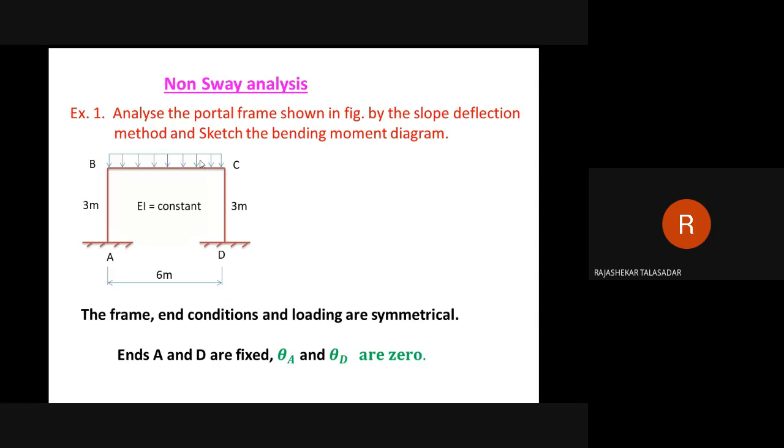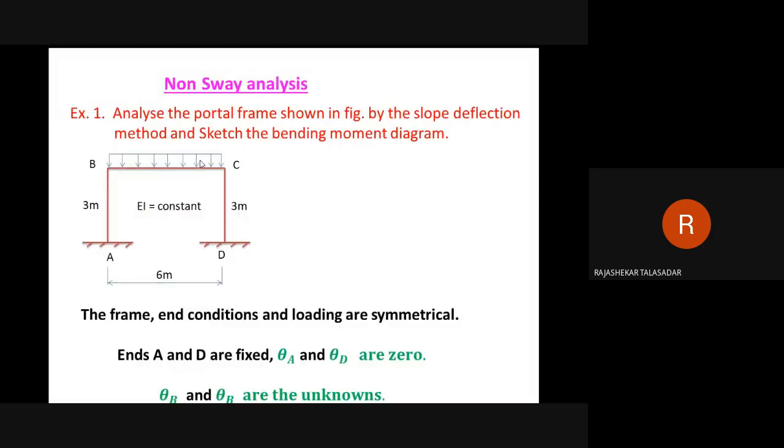Then what are the unknown joint rotations? Theta B and theta C. Yes, theta B and theta C are the unknowns. Let me proceed with the problem.